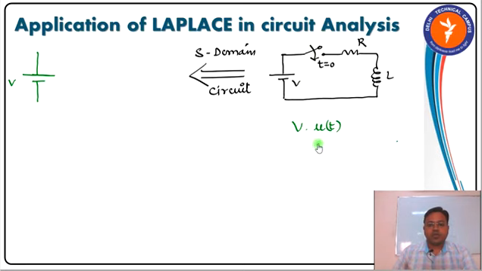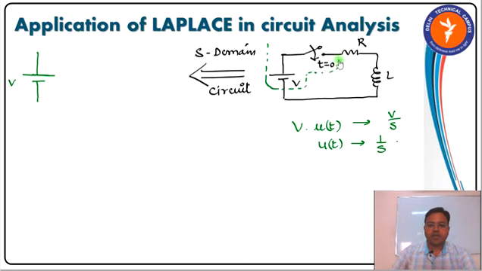So if the Laplace transform of u(t) is 1 by s, then the Laplace transform of V into u(t) would be V by s.